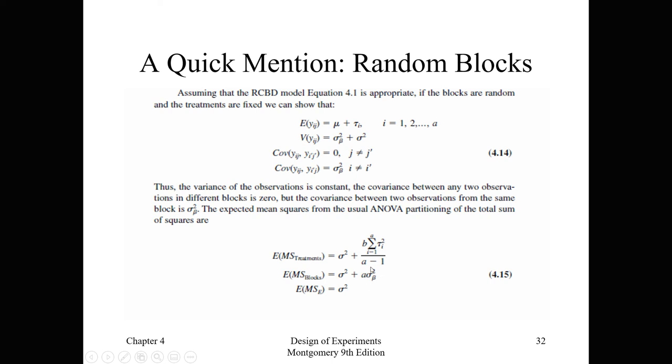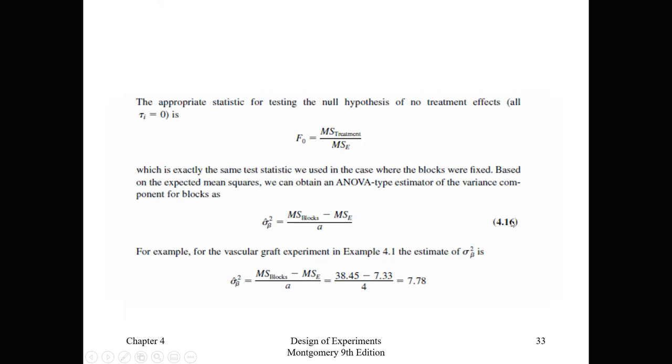And we have this variability of the blocking factor at every single level of the treatment. So this is A, the number of treatment levels, times the variability of the blocking factor. Same thing with our treatments. We have the variability of the treatment effect at every level of the blocking factor. So this is B times all of those different treatment effects, something to take into account.